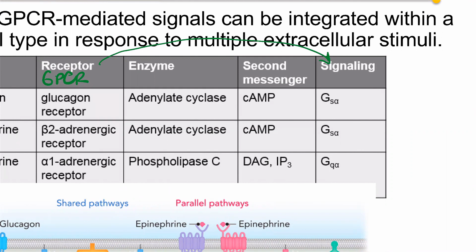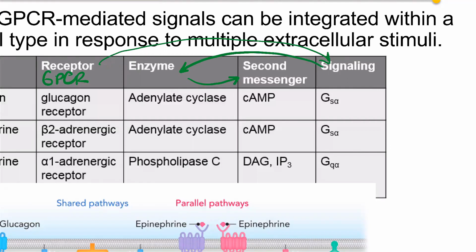We have different kinds of alpha subunits. You have S subunits, which are stimulatory. You have Q, you have all kinds of different ones, right? And depending on which one is stimulated, then you're going to activate a certain kind of enzyme. When that enzyme is activated, it's going to induce release of a particular secondary messenger.